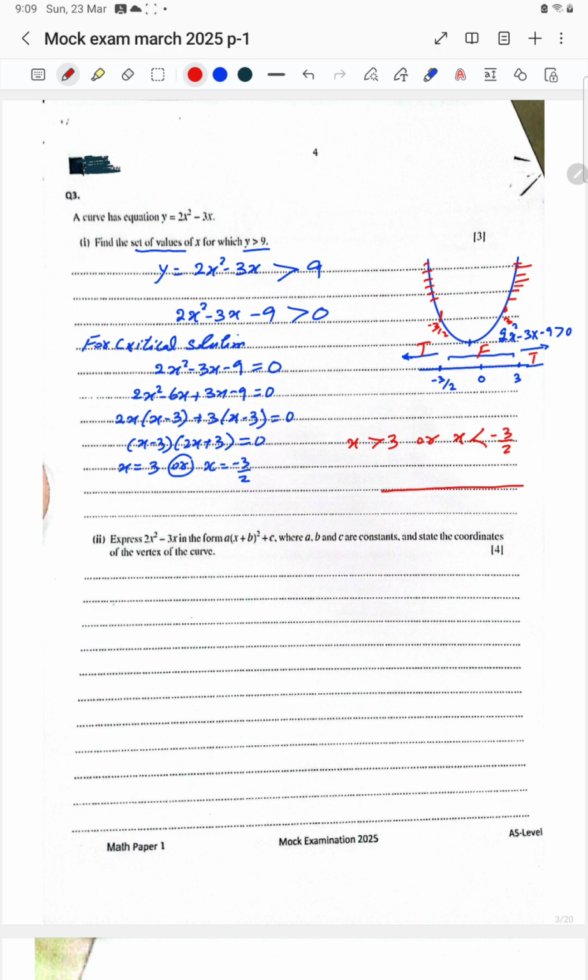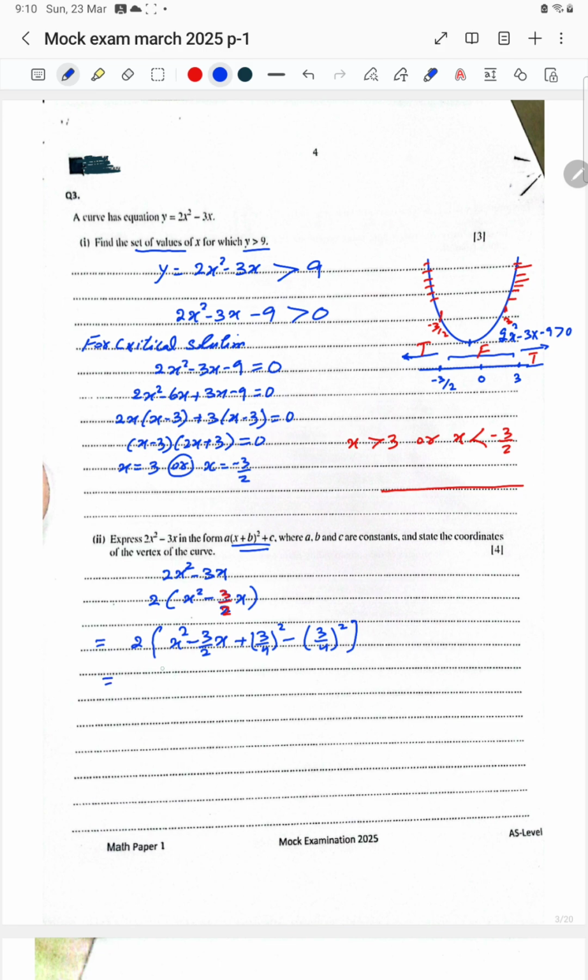The same question: express 2x squared minus 3x in the completed square form, because it is a whole square. So do the process of completing the square. First take 2 common: x squared minus 3 by 2 x. Now as per the rule, half of 3 by 2 will be 3 by 4. So we need to add the square of 3 by 4 within the function and subtract the same to balance the function.